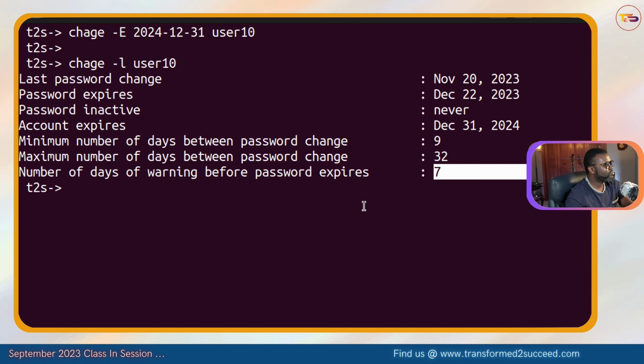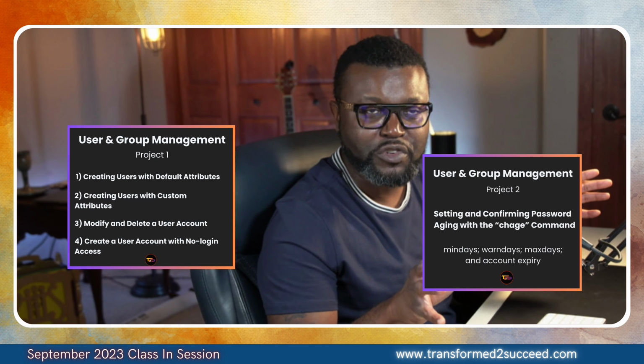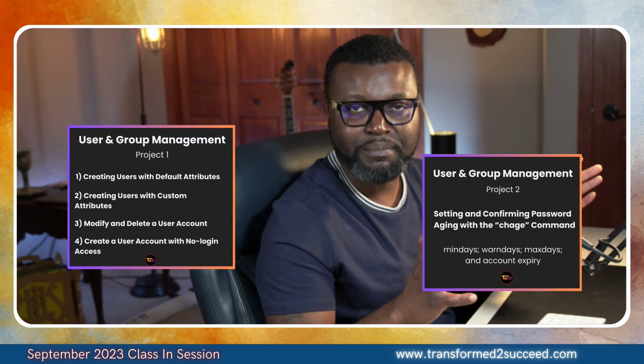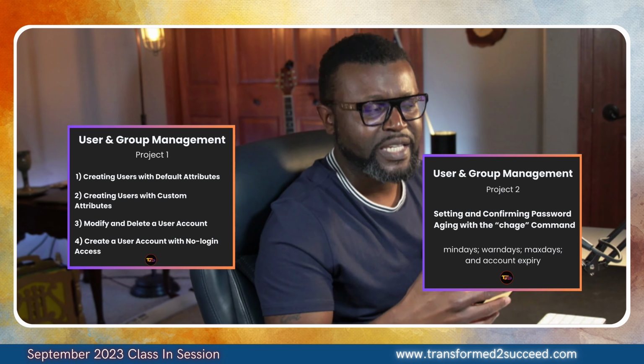And that's pretty much it for this specific video in this series. As I said at the beginning, we've talked about these two things here. You see those two screens. It's part of the user and group management series.